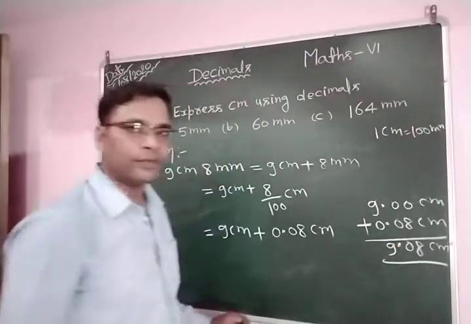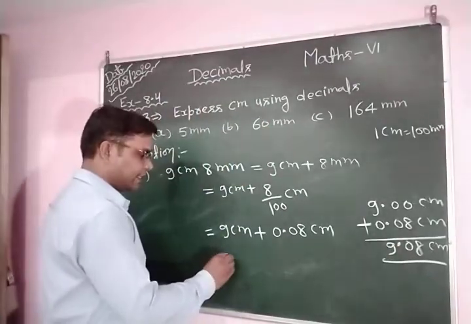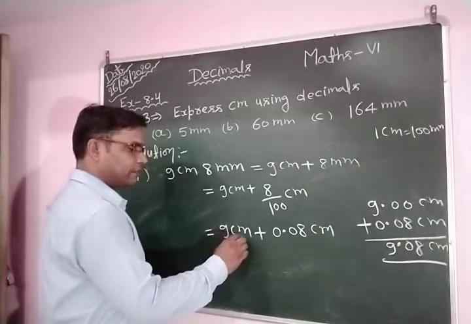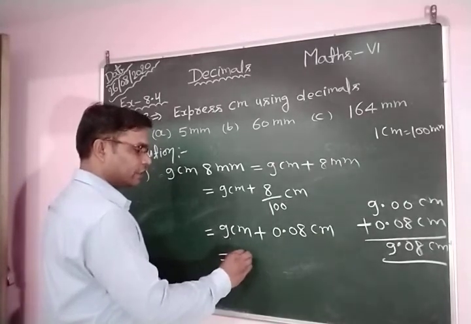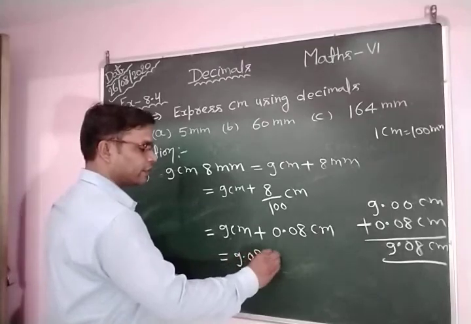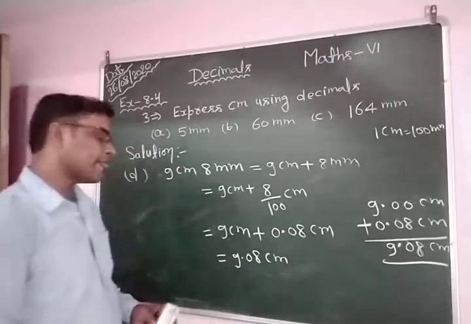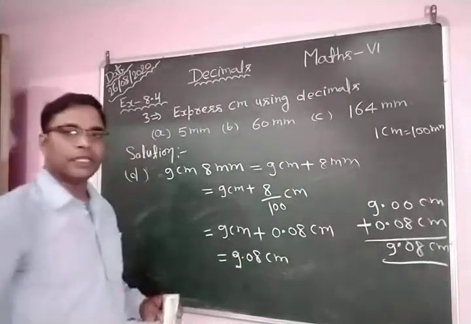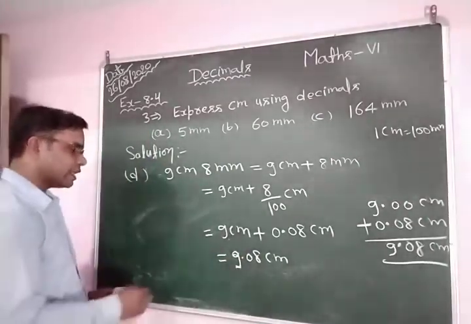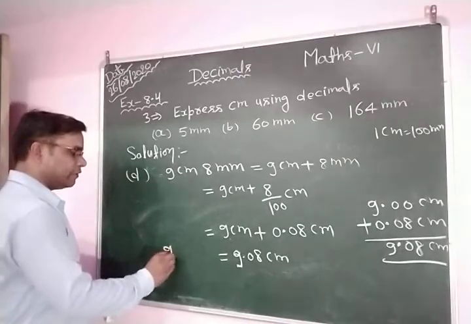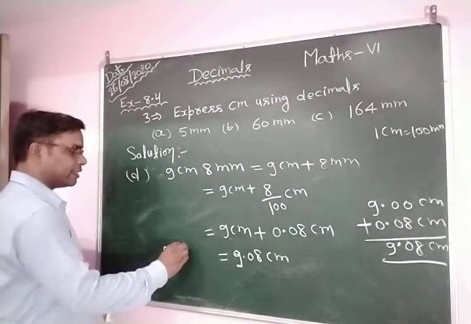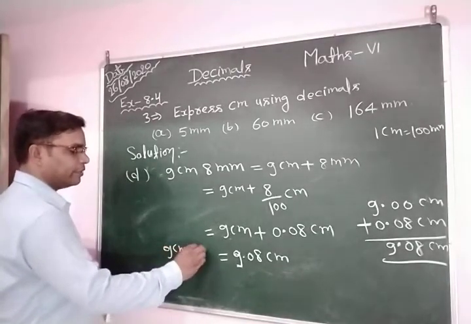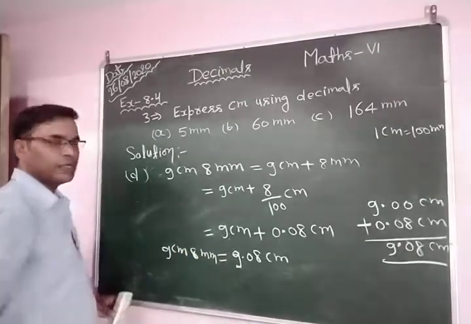So we can write 9.08 centimeters. In this way we convert 9 centimeter 8 millimeter into 9.08 centimeters.